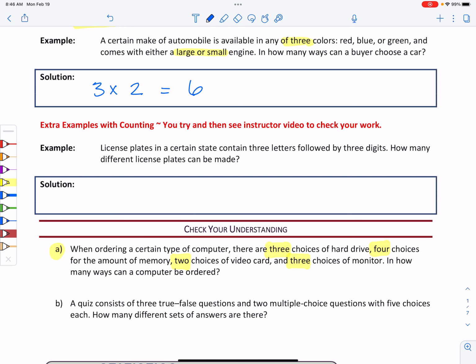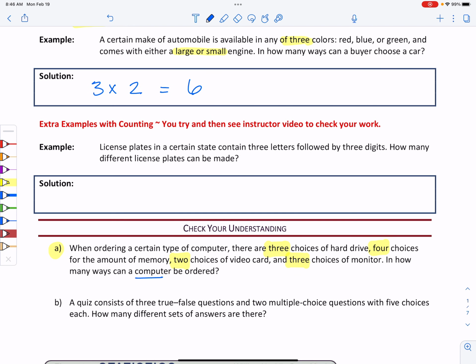The number of ways that we can put all of these together is found by multiplying each individual number of outcomes together. So 3 times 4 gives me 12. 12 times 2 gives me 24. And 24 times 3 tells me there would be 72 total outcomes, or 72 different possible computer configurations.